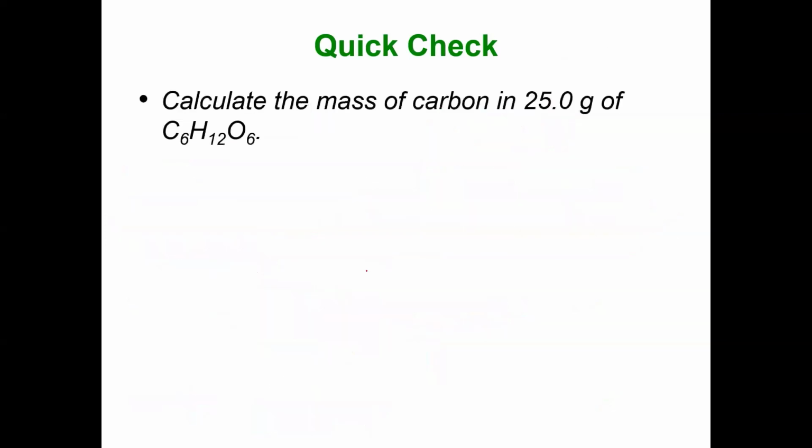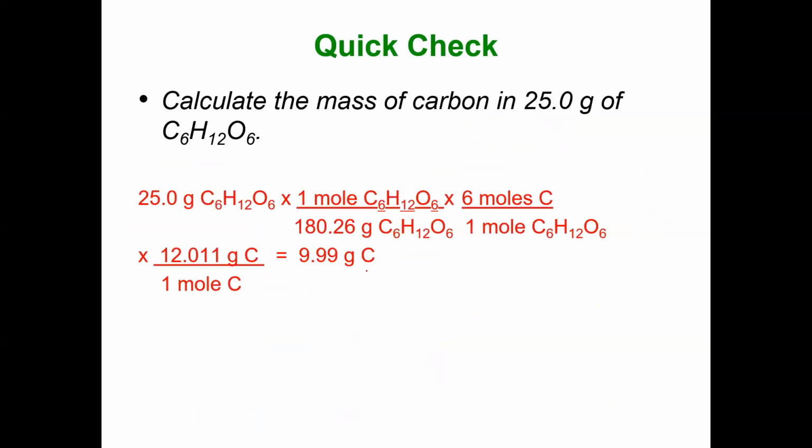So what about if I had glucose, right? So calculate the mass of carbon in 25 grams of glucose. So I could do the long way, which is okay, right? I would calculate the molar mass of glucose. How did they get this?